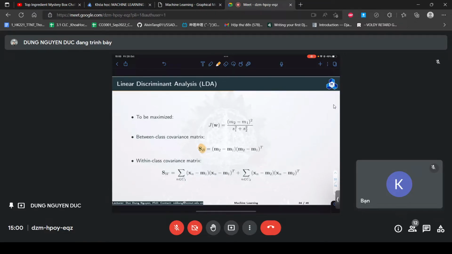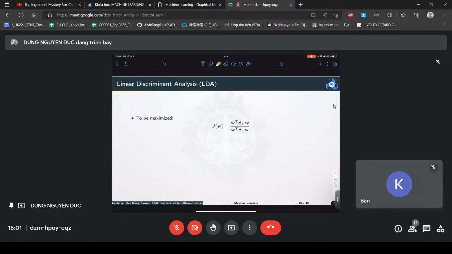So you have S_B over here and S_W over here. The formula is there, you can calculate it. It's just a little bit of work, but you can do it. I trust you. And as you have S_B and S_W, the Jacobian now turns out to be this one.